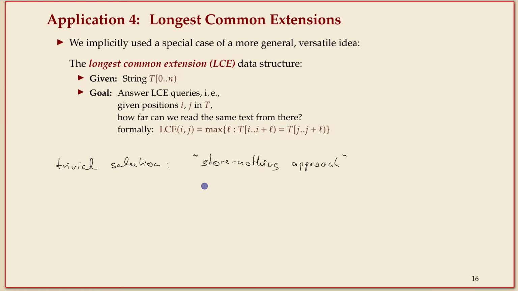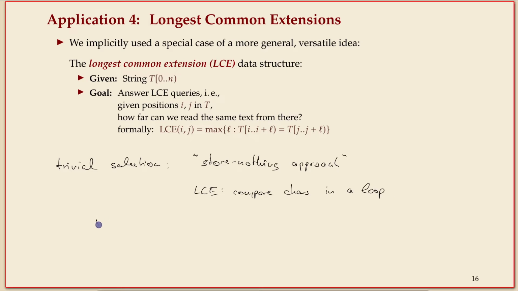Well, you have two pointers, and now you just compare character by character as long as they match. This is similar to what we did in the naive string matching algorithm, so I don't want to spell out some pseudocode for that. But it's clear that you walk along this longest common extension, and the longest common extension could be long in the worst case.